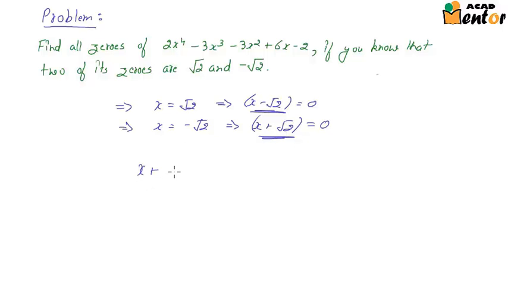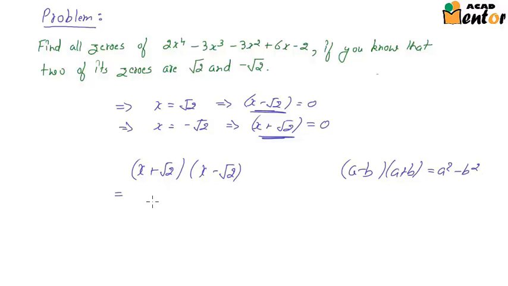So let's multiply these two factors: x plus root 2 multiplied by x minus root 2. Now remember the identity: a minus b multiplied by a plus b is nothing but a square minus b square.